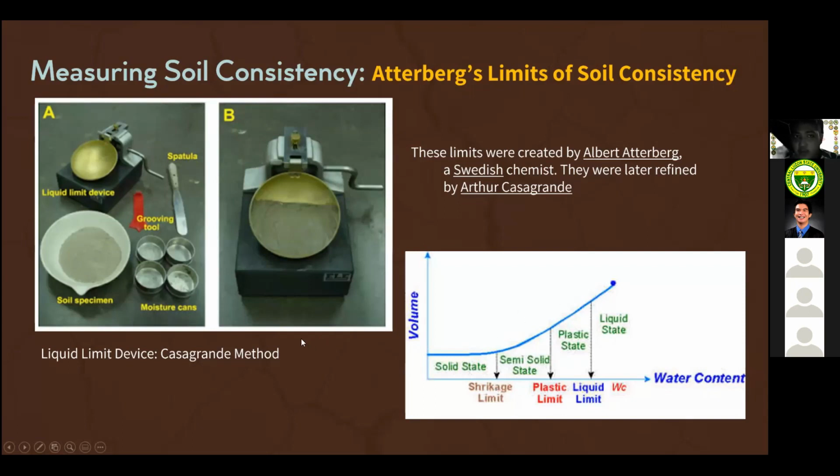That's how you measure the consistency of the soil through Atterberg's limits. So meron tayong shrinkage limit kapag dry soil, plastic limit kapag moist yung soil, then we have liquid limit kapag saturated yung soil natin.